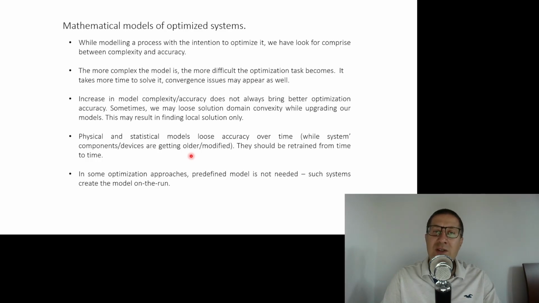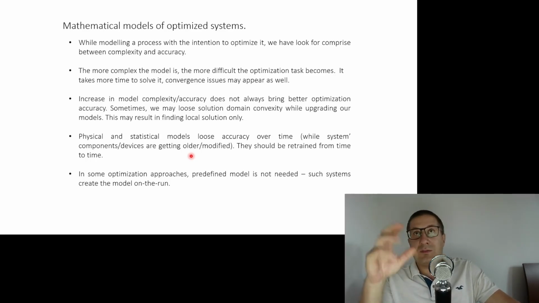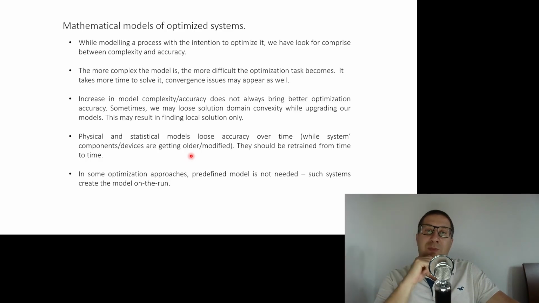The more complex the model is, the more difficult the optimization task becomes, and it takes more time to solve it. Sometimes convergence issues may appear as well. Increasing model accuracy, and usually complexity as well, does not always bring better optimization accuracy. Sometimes we may lose solution domain convexity while upgrading our models. This may result in finding local solutions only. So we really have to find a compromise between complexity and accuracy.